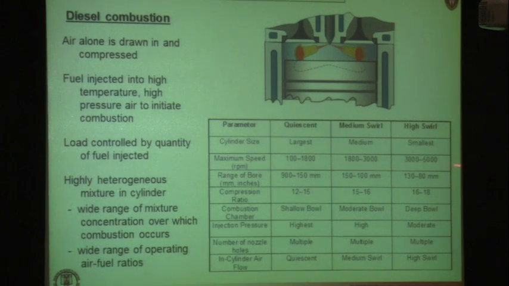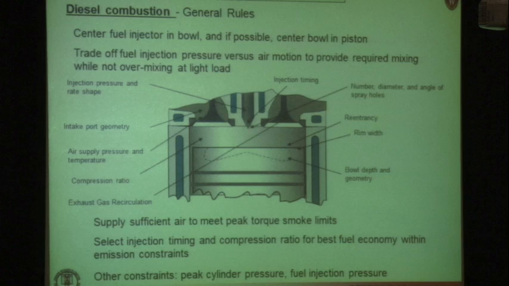Here you see speeds that can range all the way up to 5,000 RPM. Bore sizes down to 80 millimeters for the small high-speed diesels. So that just gives you an idea of the range, where we're going from 80 millimeters to 800 millimeters in bore in a diesel engine. And it's amazing that it can operate over such wide ranges of dimensions.